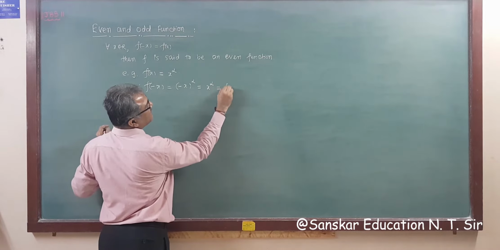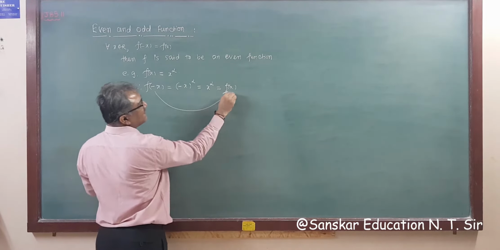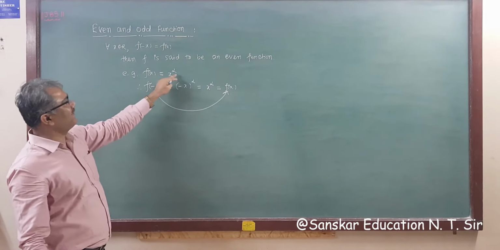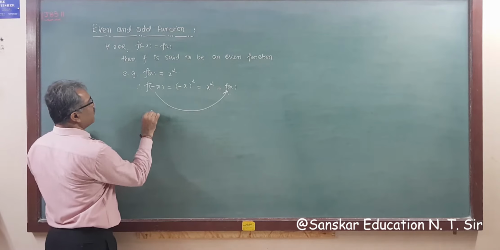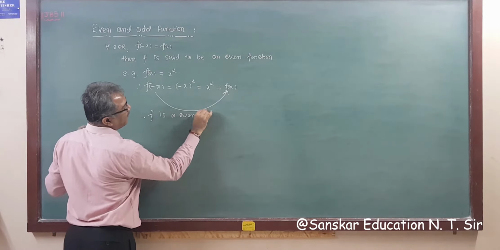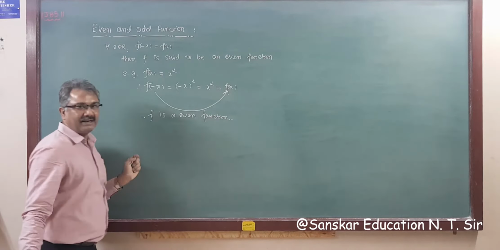And what is this? This is f of x. So f of minus x is equal to fx. So therefore f is an even function, right?